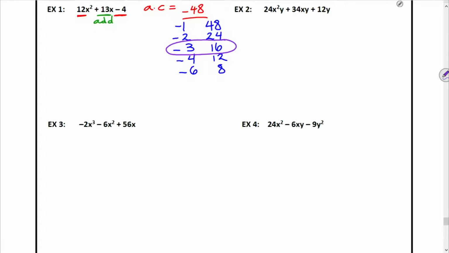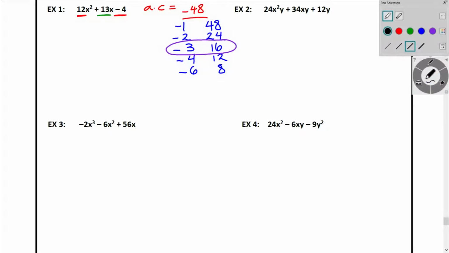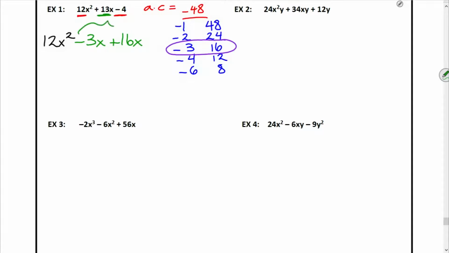So I'm now going to use those two numbers to rewrite this. I'm first going to be super clear. I'll write 12x squared, and then I'm going to rewrite this 13x as minus 3x plus 16x, which again is equal to 13x.